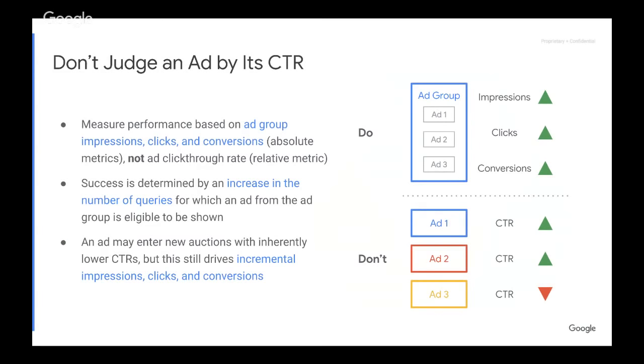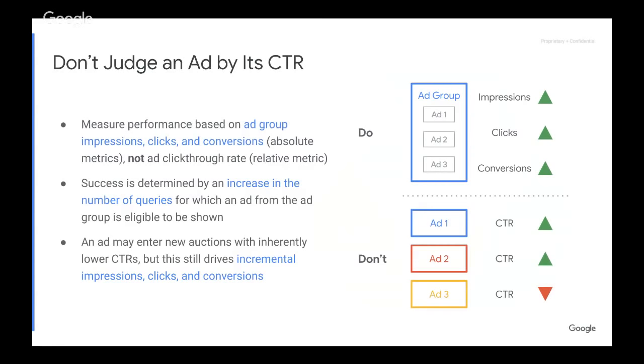Now, some people say, I'm going to evaluate my ads based on their performance, but that's not necessary anymore. What we advise now is to look at ad group level performance, looking at the absolute impressions, clicks, and conversions increase, not the click-through rate or relative metrics of specific ads.